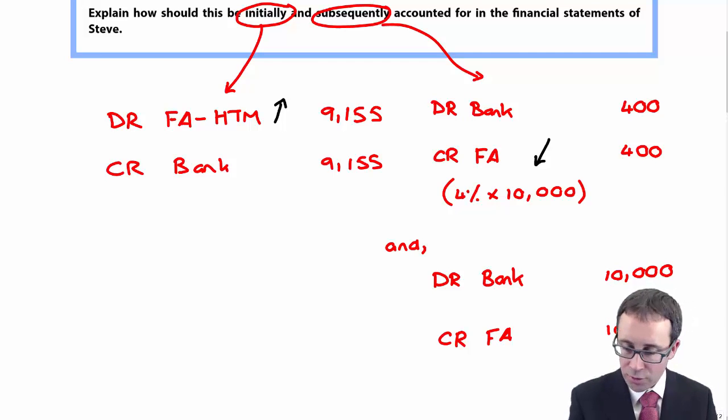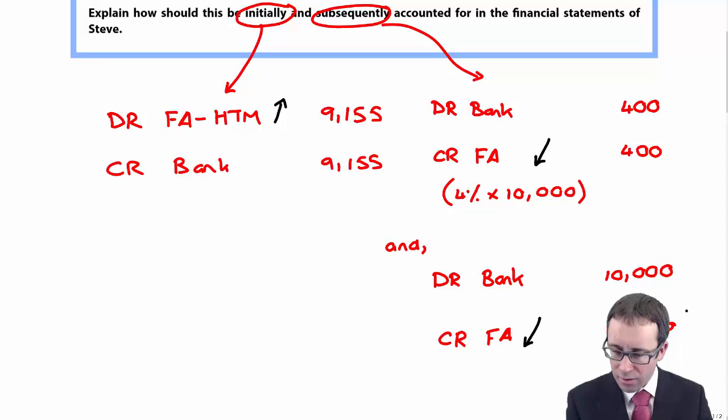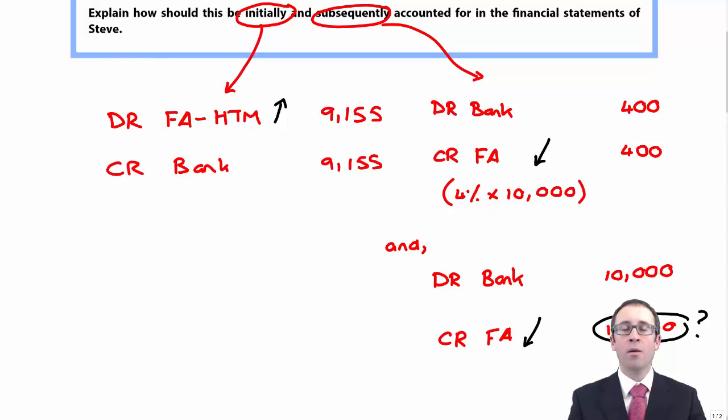Again, reducing the financial asset by 10,000, but we've got a bit of an issue, haven't we? The financial asset in 5 years' time will not be at 10,000, will it? We have reduced it every year by the amount of coupon interest that we have received.